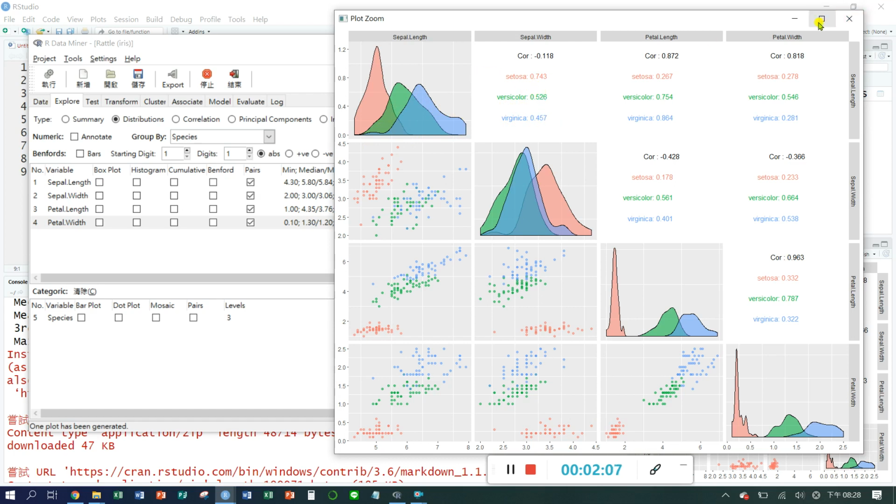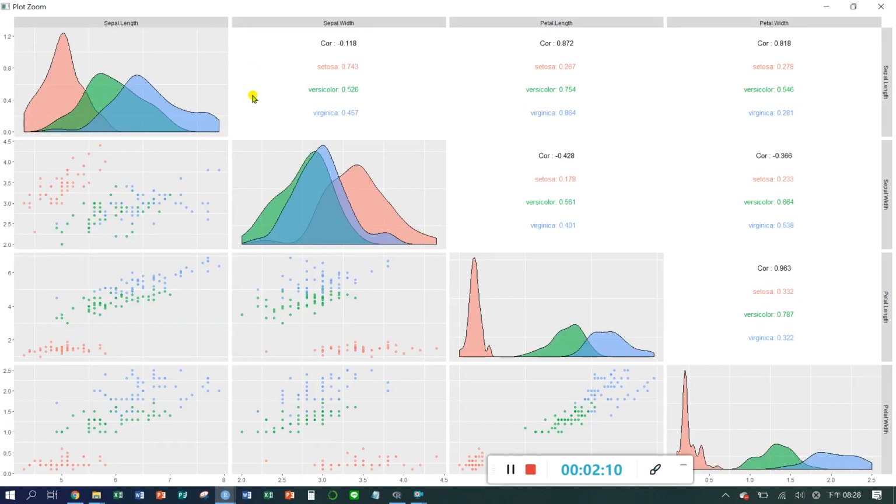In this diagram, you may see the pairs for each variable. So here is the sepal length compared with the sepal width. So here is the distribution for the variables sepal length and sepal width in this diagram.